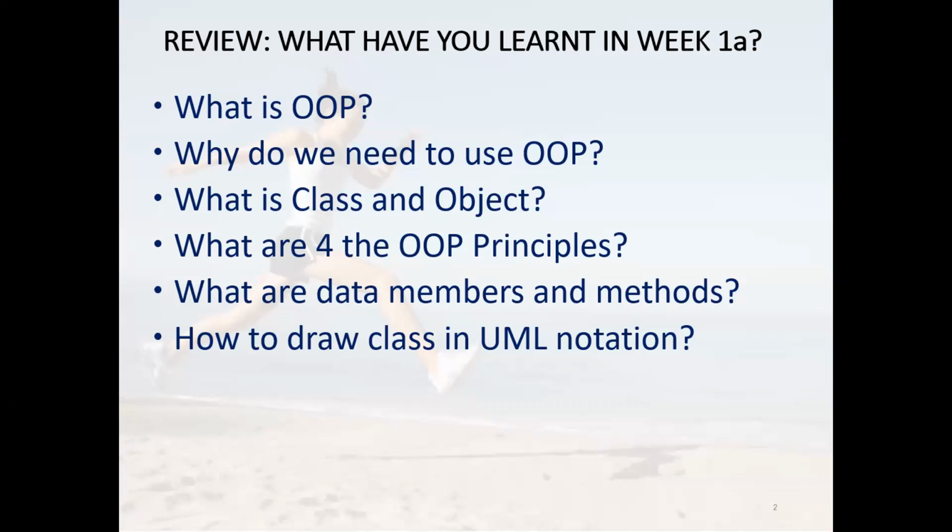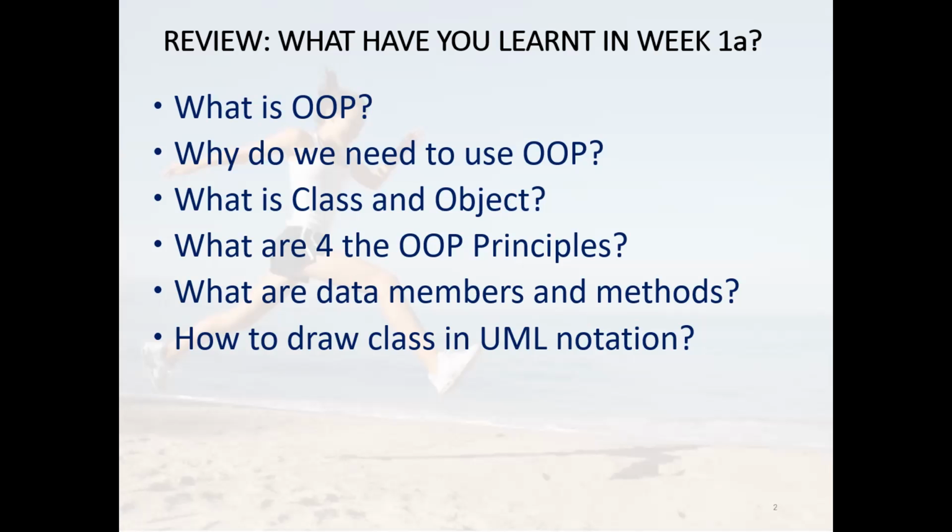Last meeting, we learned what OOP is and why OOP is important. We learned the difference between class and object. Class is the template, like the specification. Object is an instance of a class.